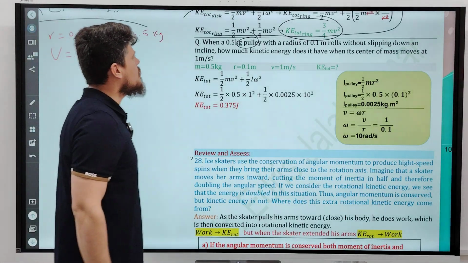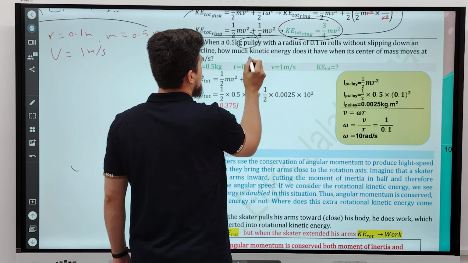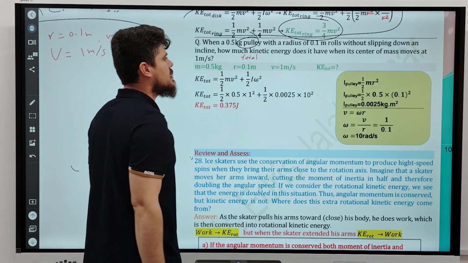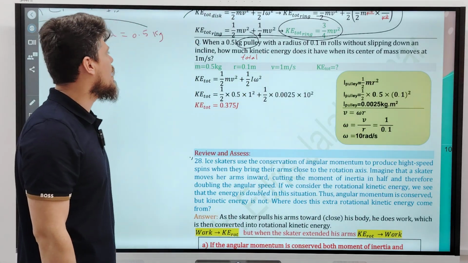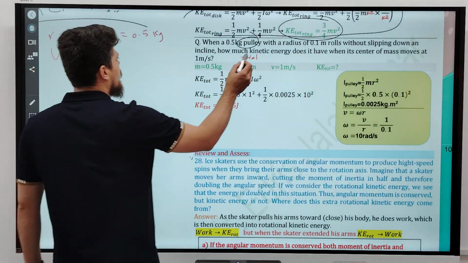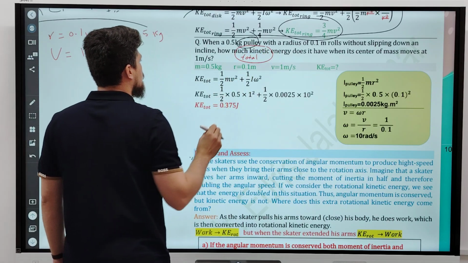How much total kinetic energy, sorry, there is a mistake here, please correct this mistake. How much total kinetic energy does it have when its center of mass moves at 1 meter per second? Please correct this mistake. Okay, just add the total kinetic energy. What is unknown?